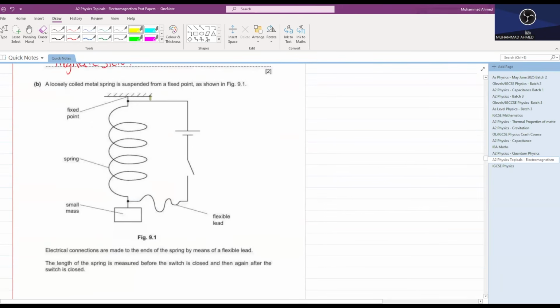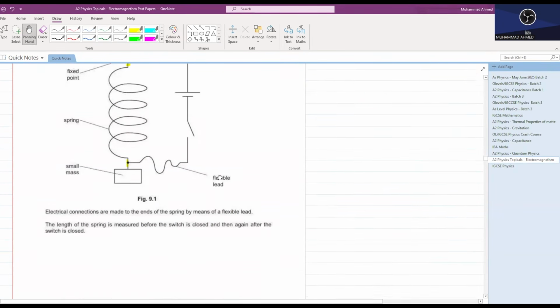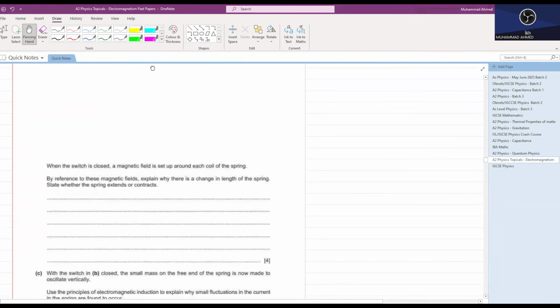A loosely coiled metal spring is suspended from a fixed point as shown in figure 9.1. Electric connections are made to the ends of the spring, here and here. The length of the spring is measured before the switch is closed and then again after the switch is closed. I think this is a similar question that we have done earlier.